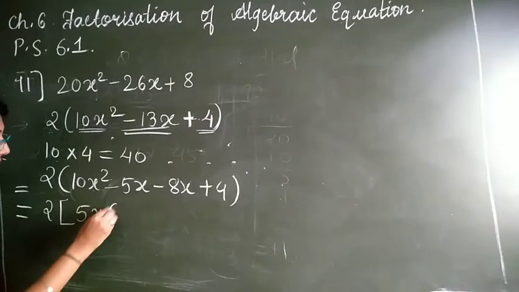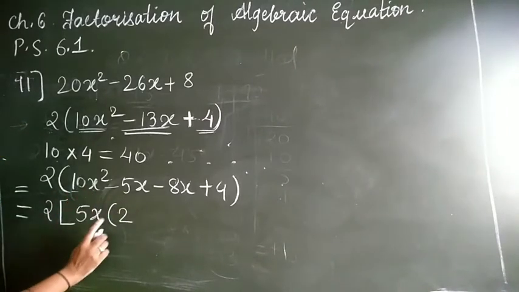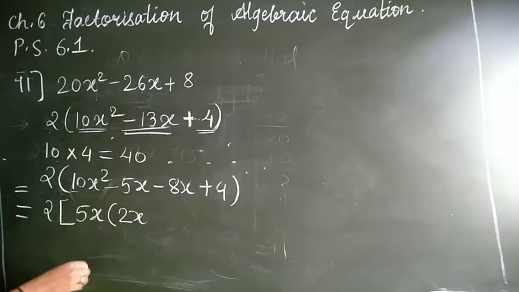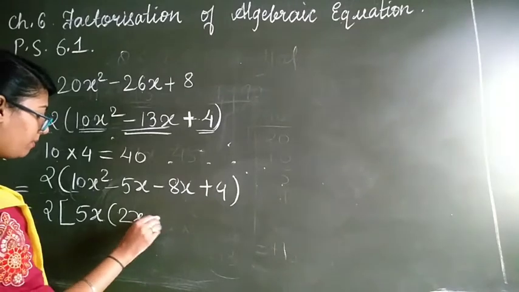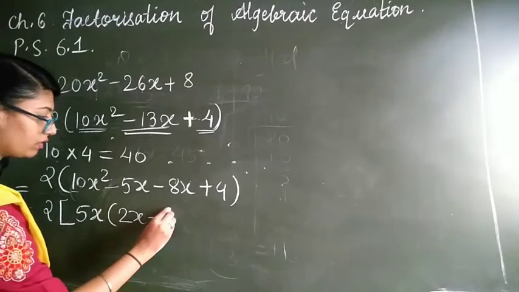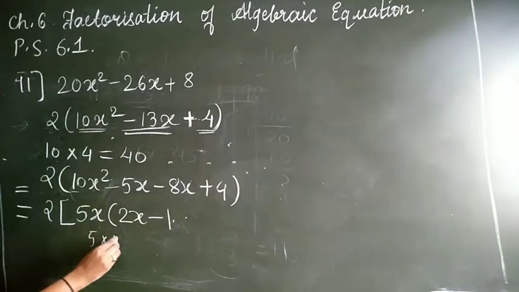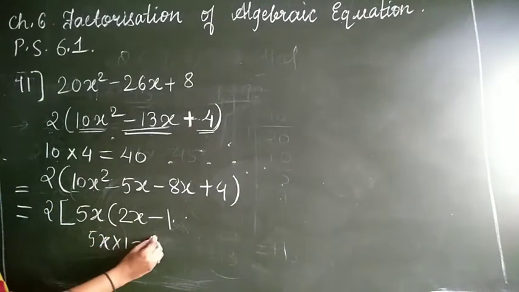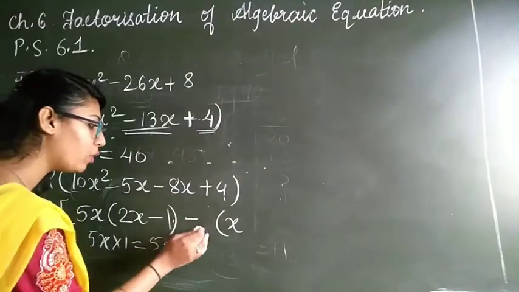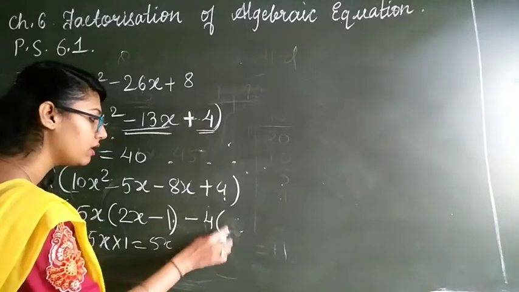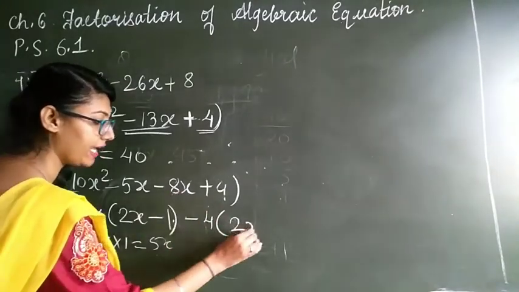5x in bracket, 5 2s are 10 and x into x will be x square. Okay. So minus 5 into 1, 5x into 1 will be 5x, right? Minus 4 as common, 4 2s are 8 and x will be as it is.